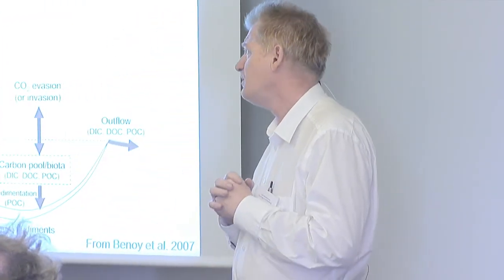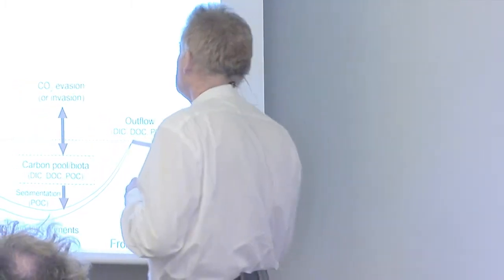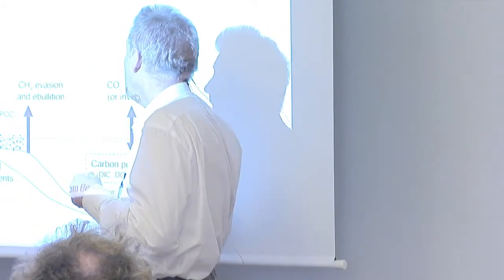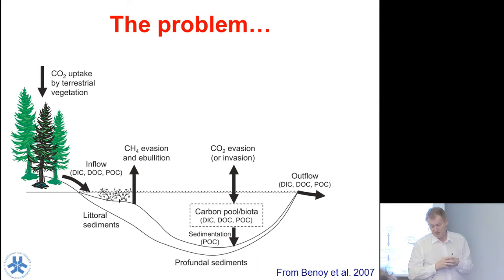Now, what happens when this carbon comes out into the limnic ecosystem is that we get an emission of carbon dioxide. So we emit what we have fixed. And we also have an emission of methane out of the system.